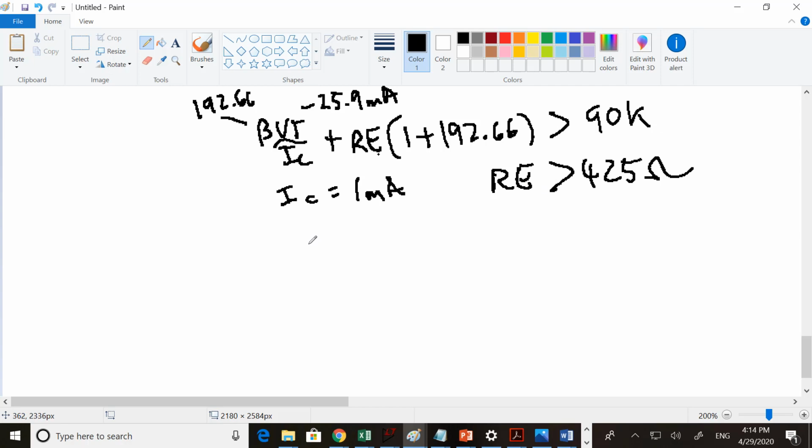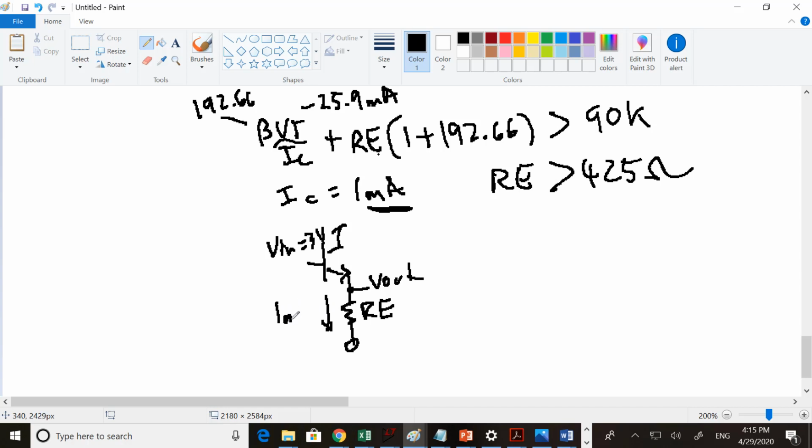So now there's one final check that you need to do. I gave you that Vin equals 3 volts. We're designing for 1 milliamp, but all we know is RE is greater than this. What you have to do here is to guarantee that you have 1 milliamp going through here. You can find out what V out is.